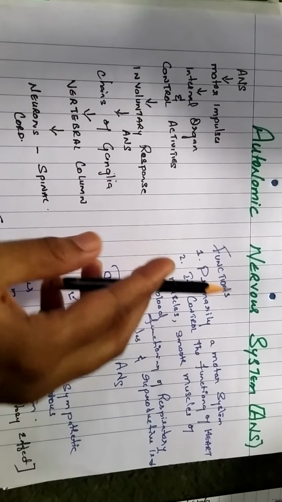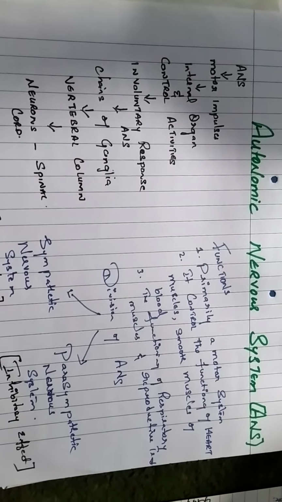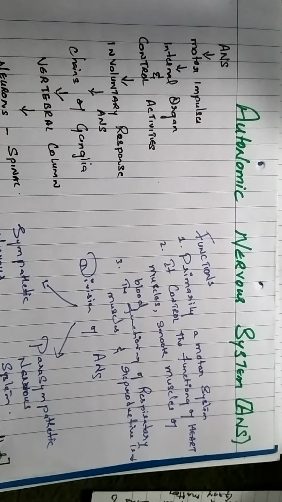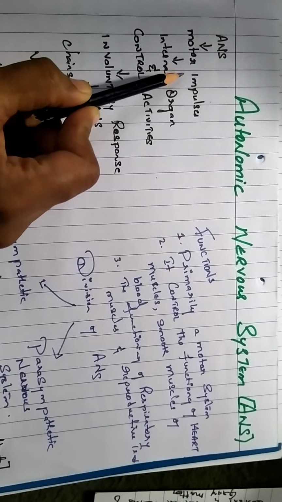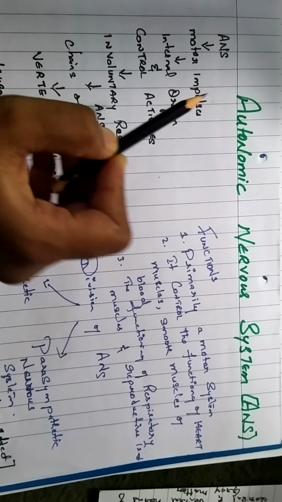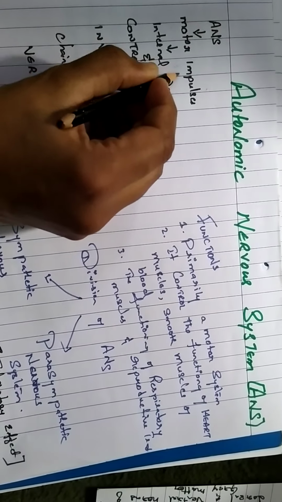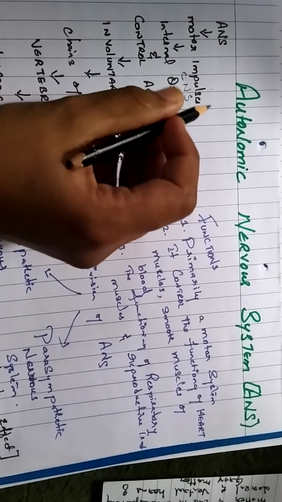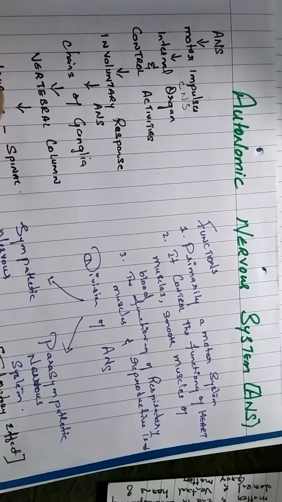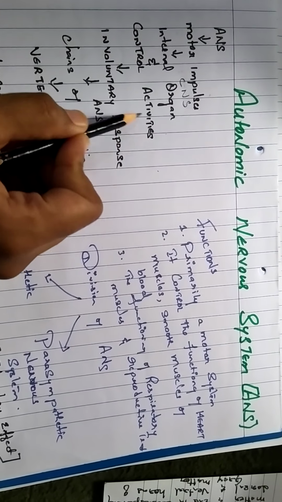Okay, let us start with the autonomic nervous system. The autonomic nervous system carries motor impulses from the central nervous system to the internal organs and controls their activities.